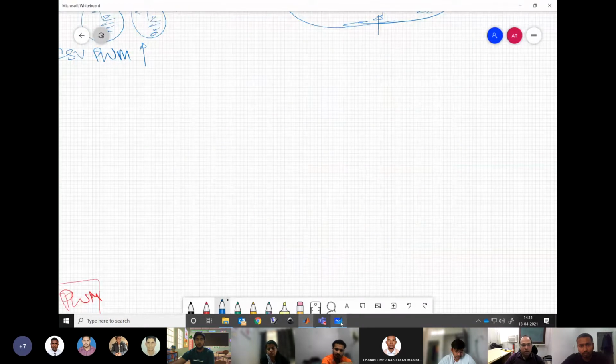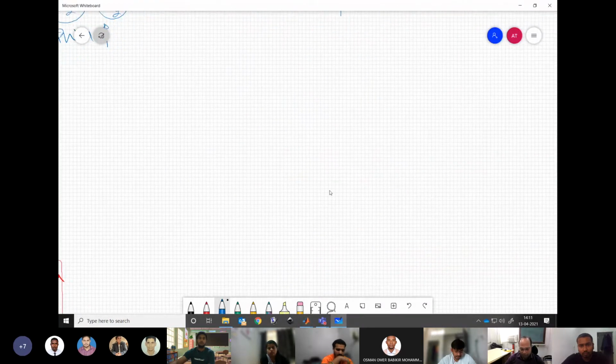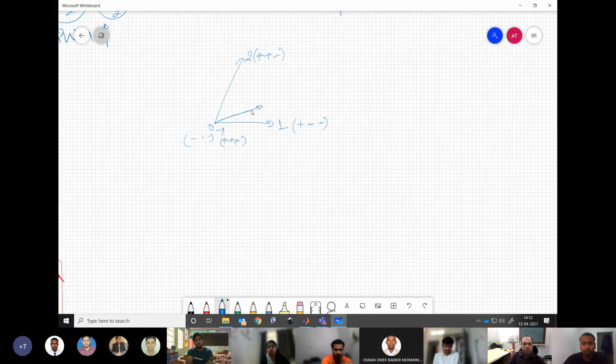Now, let us try to understand that there are many ways to realize this vector. If we have sector 1, and we are trying to realize this particular sample, there could be many sequences in which we can realize this, right?